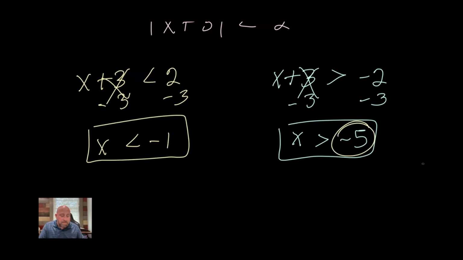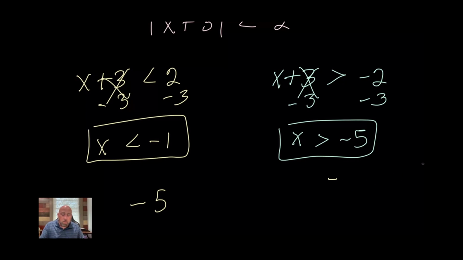So the negative 5 is your smallest number, so you want to start with the negative 5. But when we switch the negative 5 to the other side, this inequality is the same thing as writing negative 5 is less than x. So x is greater than negative 5 is the same as saying negative 5 is less than x.